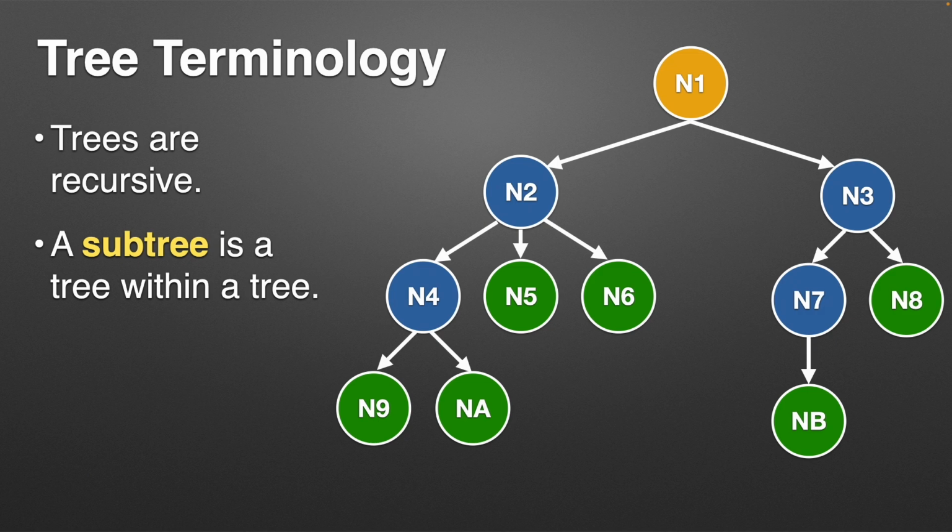But the idea is that we can think about it graphically, just looking at this, right? So this whole thing is a tree, but let's segment off this section. Well, this could be a tree too. And so you can think of these as subtrees within a tree.